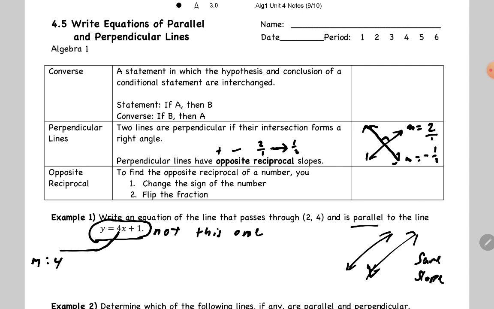Write an equation of a line that passes through the point 2, 4. So here's my x and y. We're writing a new equation, so y equals mx plus b. I'm going to plug these two numbers into our x and y.